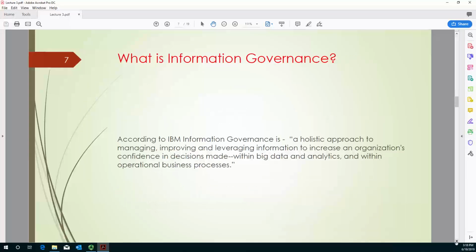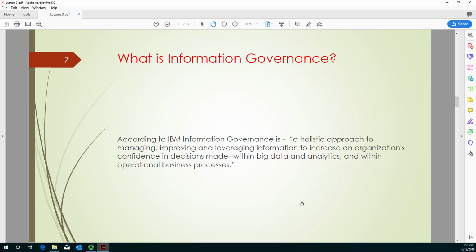So that's important. So then you have information governance. Information governance is a holistic approach, which means information governance is a superset of data governance. Information governance is possible because data governance is carried out properly.